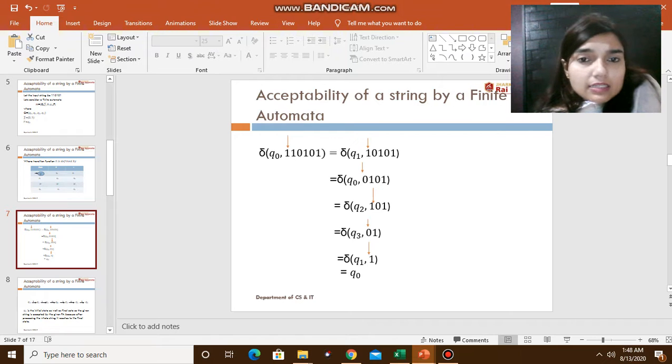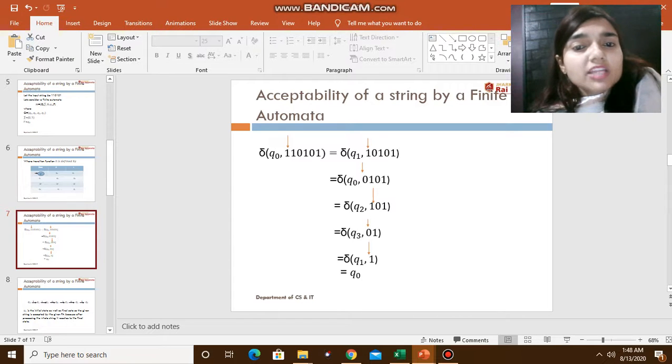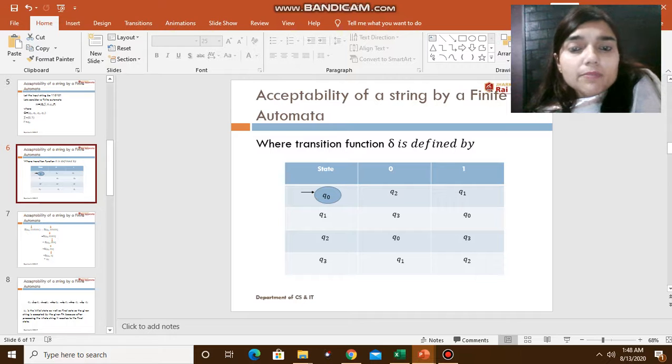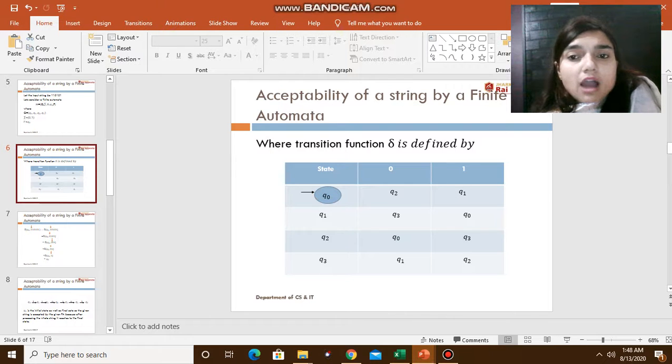यहाँ what we will see that on giving 1 to q0, अगर हम state q0 पे हैं और अगर हम 1 देते हैं तो we will reach q1. You can see from the table q0 में अगर आप 1 देते हो तो you reach q1.